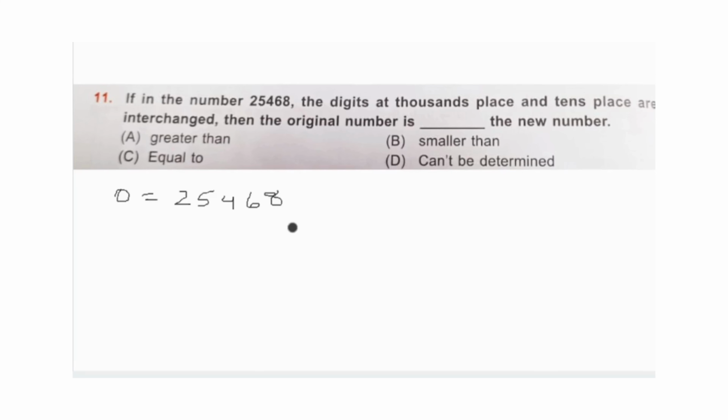And let's write down the place values of each of these digits. So here 8 is at the units place or ones place, 6 is at the tens place, 4 is at the hundreds place, 5 is at the thousands place, and 2 is at the 10,000s place.